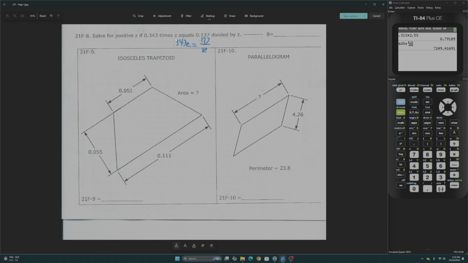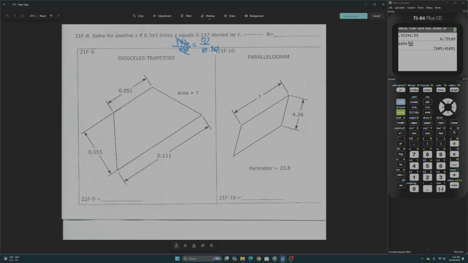So let me show you what I'm doing. We're dividing each side by 0.343. Okay, so that cancels out, right? So now you're left with, never mind. Let me try that again. Times 0.343.